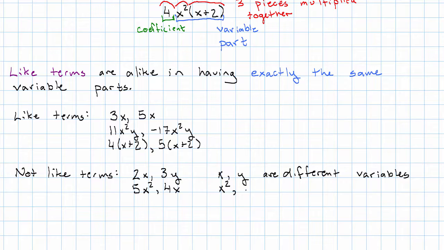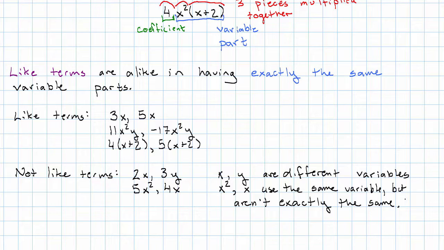Because x squared and x, while they use the same variable, are not exactly the same. One of them is squared, the other one isn't. And the pair 4 times (x plus 2) and 3 times (x minus 2) are not like terms. Again, because x plus 2 and x minus 2 aren't exactly the same.